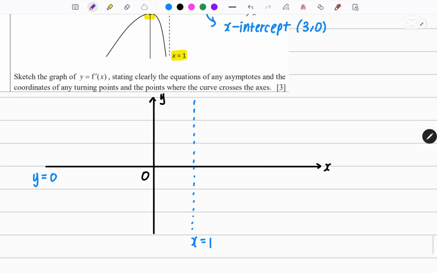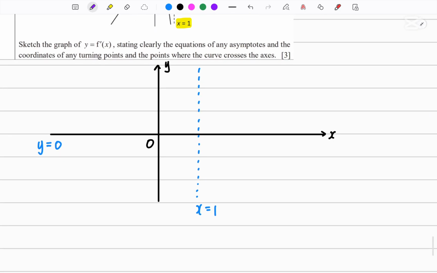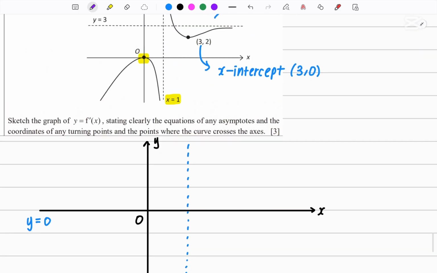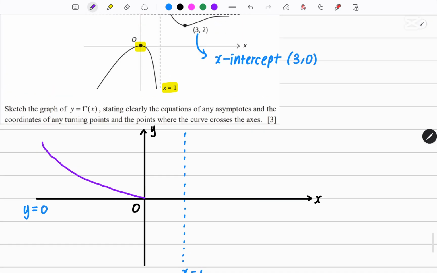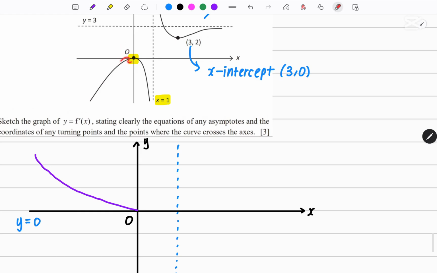Okay, so note how I say the word increasing. f(x) is increasing, and therefore our f prime x graph here will be above the x-axis in the same interval. So it will be something like this, and it will cut the origin. Okay, so it will be something like this, intersecting the origin here. And then this will be the first part of our graph settled.